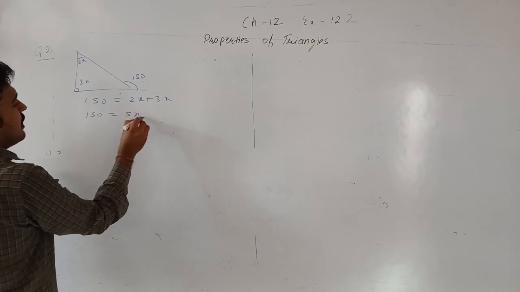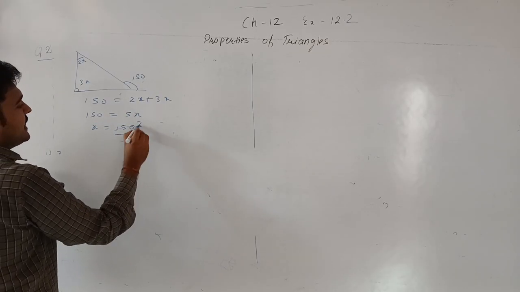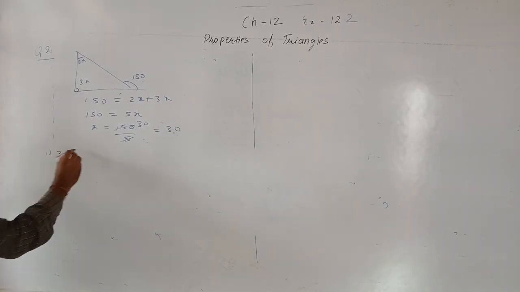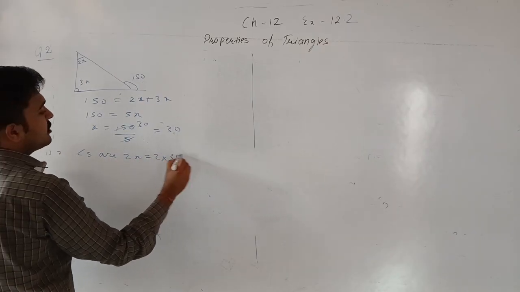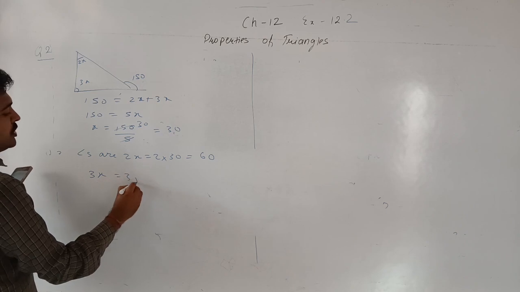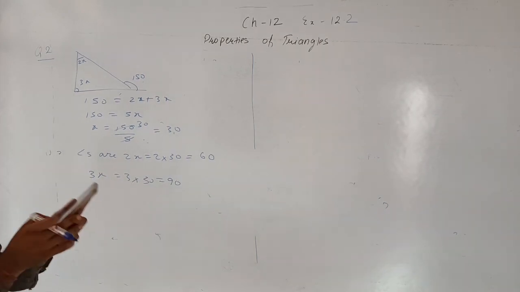Exterior angle is equal to sum of opposite interior angles and x comes out to be 150 divided by 5 is equal to 30 degrees. So x is 30 degrees. Therefore, angles are 2x is equal to 2 into 30 is equal to 60 degrees. Another angle is 3x is equal to 3 into 30 is equal to 90 degrees.